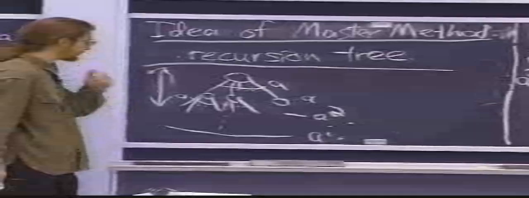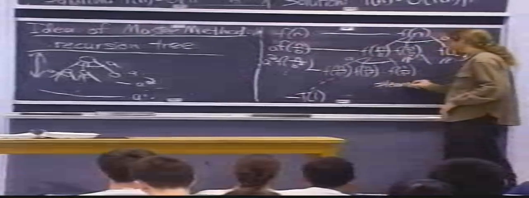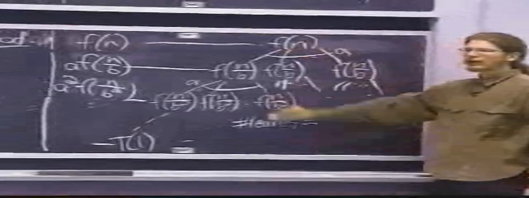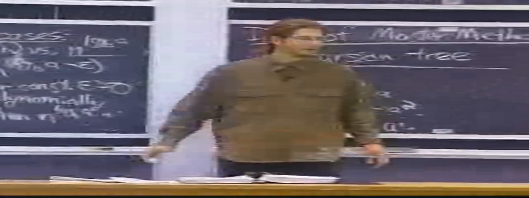Good. It's just easier to abstract what's going on here. I know you've all seen that before. Now the number of leaves in this example: we have branching factor a, but now the height. What's the height? Log base b of n. Good.